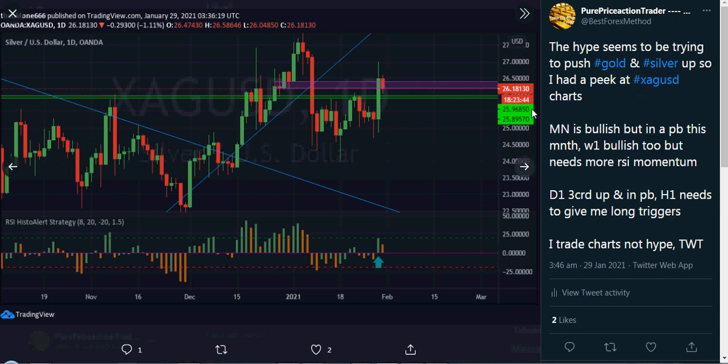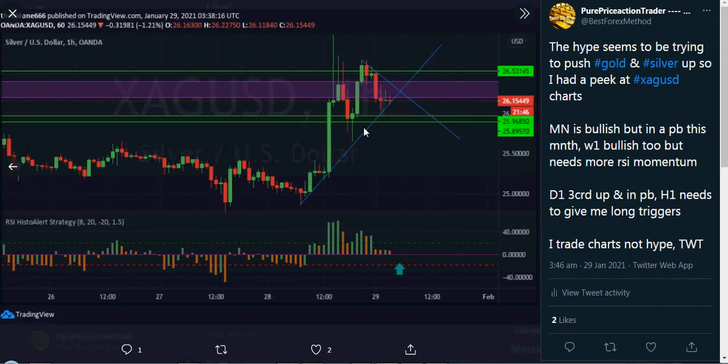So next chart would be the hourly, which I've said potentially we get an hourly RSI histo momentum trigger, bust up with the green candle there, pullback has happened here, a break and close above this would be the best consideration for a potential long.